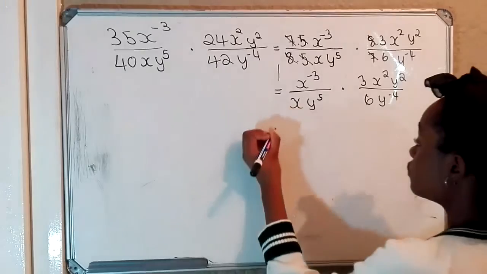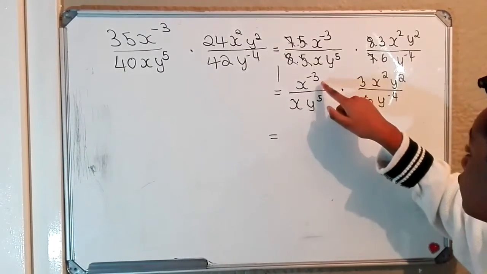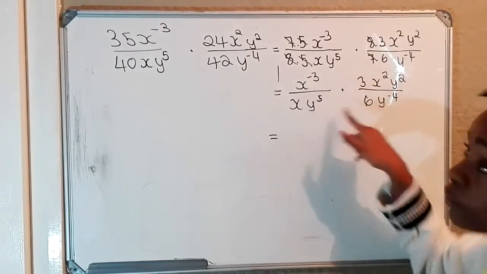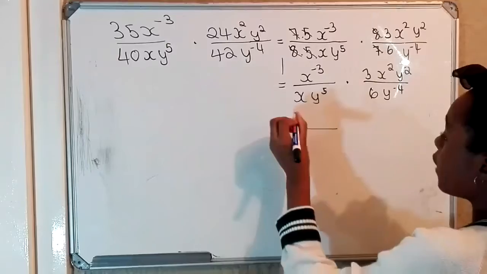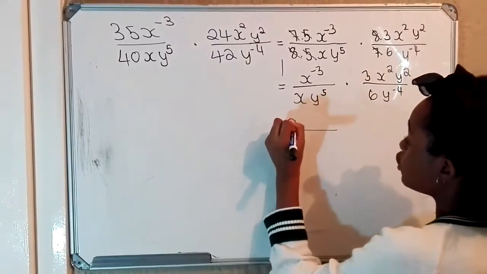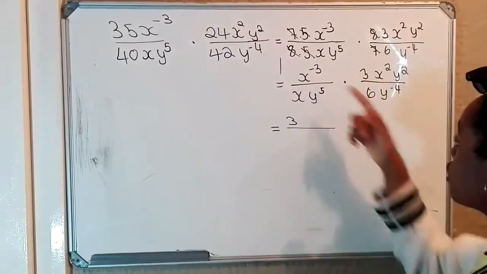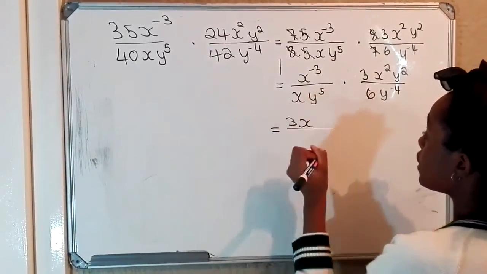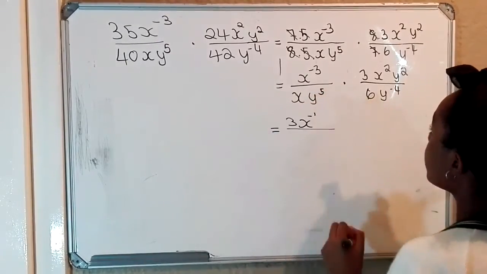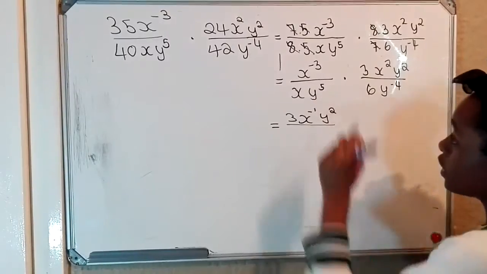So now I'm going to multiply top and top and bottom and bottom, right? There's nothing to multiply with the coefficients, and when we multiply common variables we add the exponents. So minus 3 plus 2 is going to give me x to the minus 1, and we're left with y squared over there because y doesn't have a common variable.